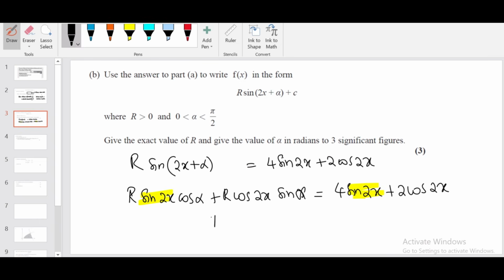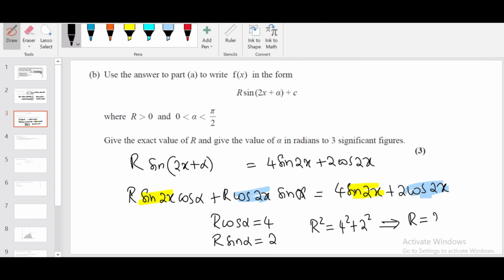You get R cos alpha is equal to 4. Compare the coefficient of cos 2x on both sides of the equation. You get R sin alpha is equal to 2. So from here, R squared is going to be 4 squared plus 2 squared, which is 16 plus 4, 20. R is going to be the square root of 20, which is 2 root 5. That's the value of R.